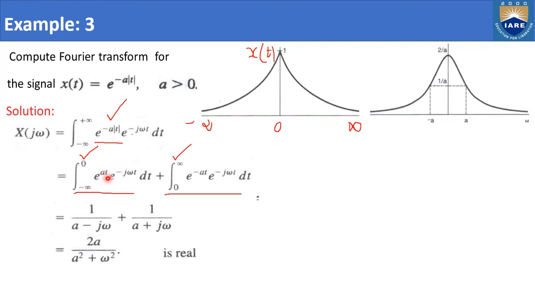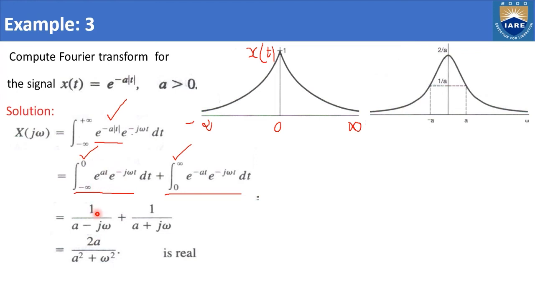So you have to substitute t equal to minus t here. Minus of minus t becomes plus automatically. That's why it is e to the power of at, an increasing exponential. On the positive axis it is a decreasing exponential. So in two separate terms you have e to the power of minus at and e to the power of plus at.